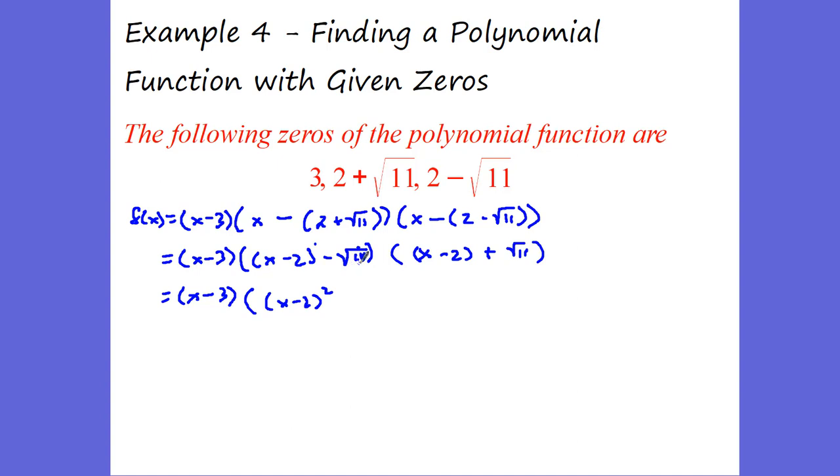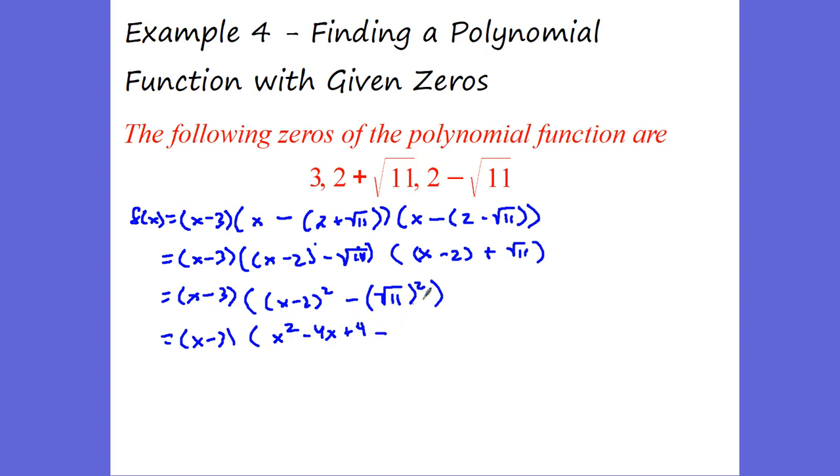Then we have negative root 11 times positive root 11. That's minus root 11 squared. And we can clean this up a little bit, which is really nice. So we have x minus 3. We have x squared minus 4x plus 4. That's what we get when we FOIL the x minus 2 squared out.